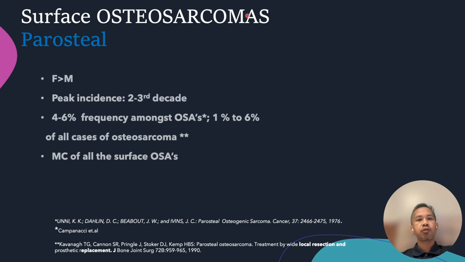There are other variants of osteosarcomas. These are your surface osteosarcomas. It's about 3 to 5%. The most common of these surface osteosarcomas are your parosteal osteosarcomas. It affects females more than males in their second to third decade of life. It is 1 to 6% of all cases of osteosarcomas.